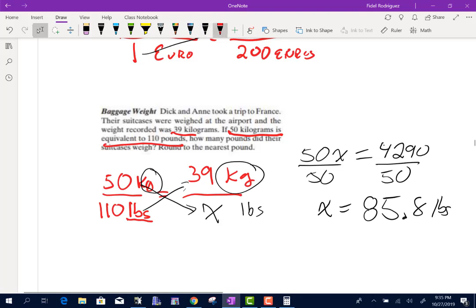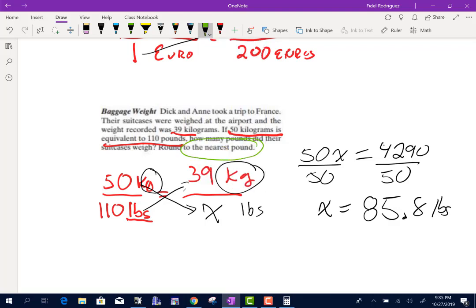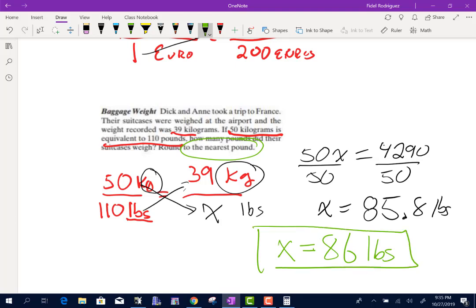And then the directions do tell me to round to the nearest pound. So if I'm going to round that to the nearest pound, 85.8 rounded to the nearest pound would be 86 pounds. And that is section 6.6.